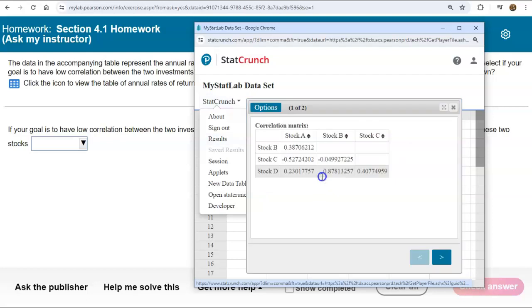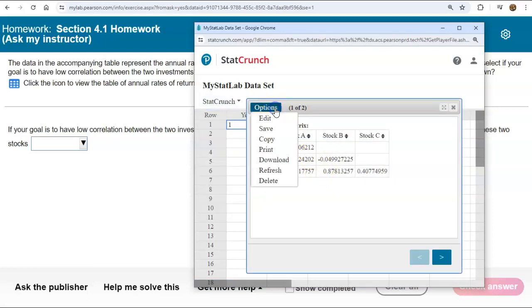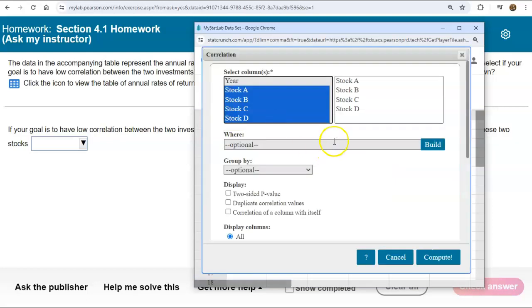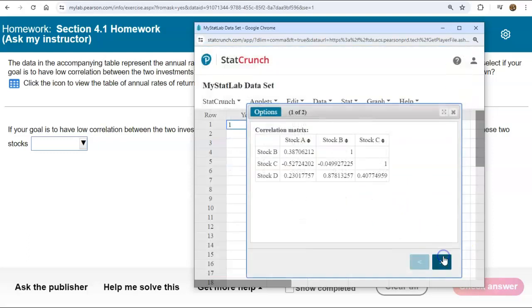Take a guess for a second. How do you think it would correlate to itself? Hopefully you have guessed, and so we'll go ahead and click that, compute. And what you can see here is that stock B correlates to itself as 1. It's perfectly correlated because all of them match.